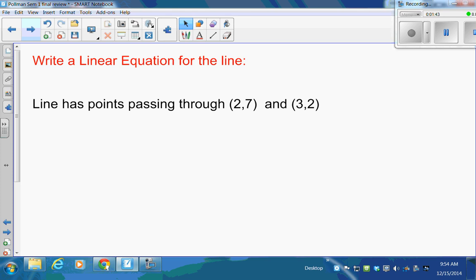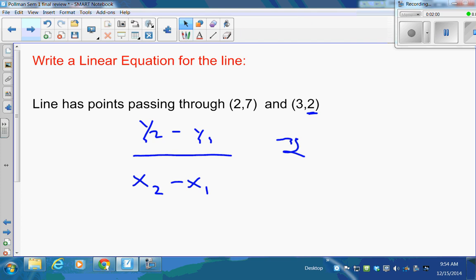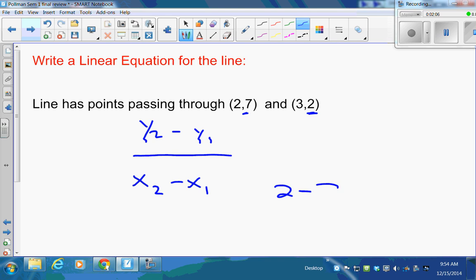How you do this is, first thing you do is you start out y2 minus y1 over x2 minus x1. So, my second y is 2, and my first y is 7.